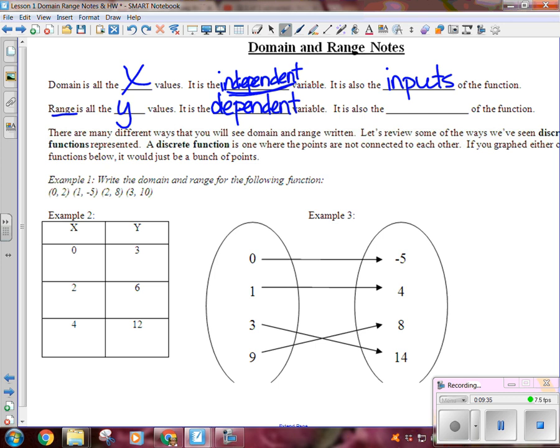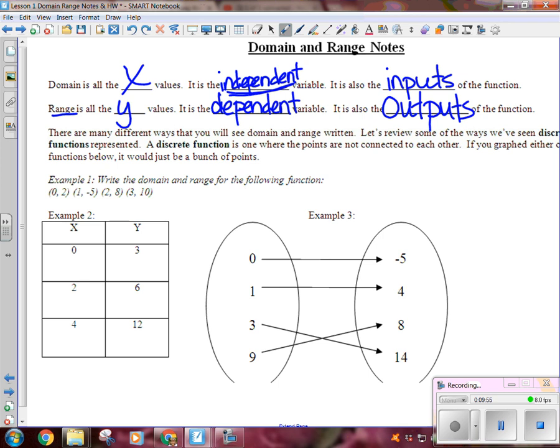But then after I did that, I would measure the distance. And so those values would be the dependent variable. These are also called the outputs in math class. Okay. All right. Let's talk about the first example.